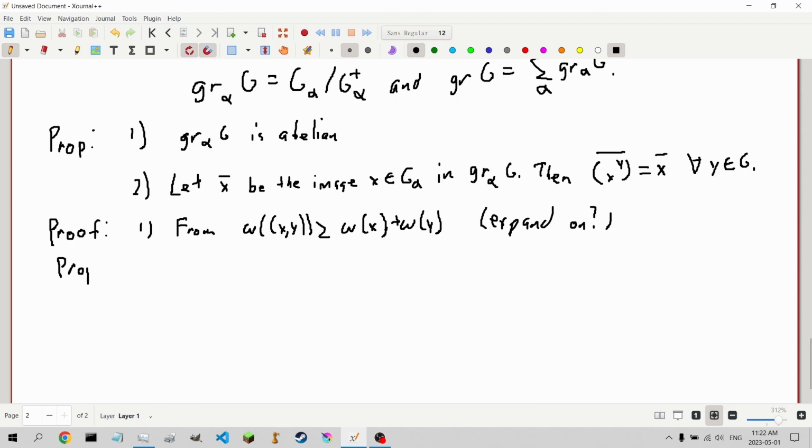And there are a couple more propositions we have to go through. Proposition 3 here is the map C of alpha and beta from G alpha, the Cartesian product of that, with G beta to their sum. And this is just taking two elements and sending them to their commutator.